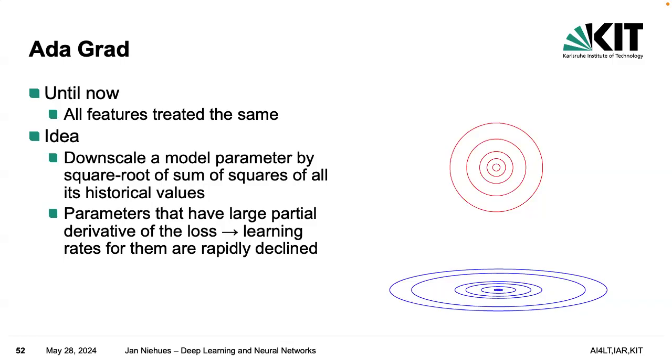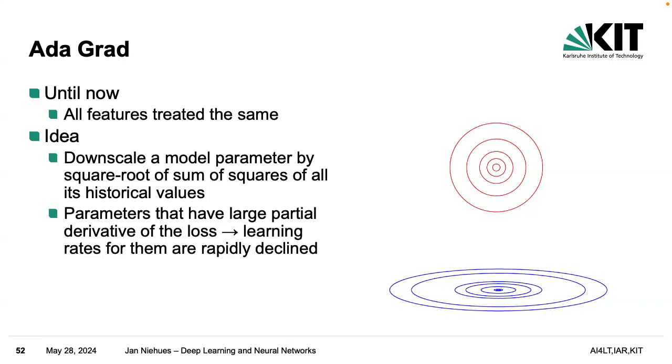However, it's a challenge if you have error spaces where in some dimensions things are more spread out, and in others they're narrow. If you have large gradients in one direction, you maybe want a lower learning rate to not have exploding things there. If in other directions the gradients are very small, it might be good to have larger steps.